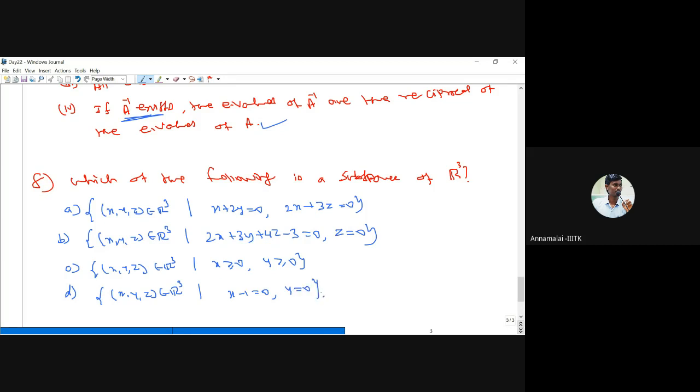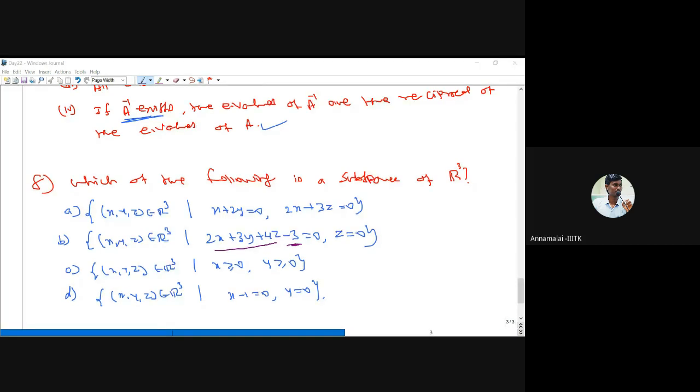Now clearly, a subspace must contain the zero element, (0, 0, 0). Look at the second set: (0, 0, 0) does not satisfy the condition, because substituting 0 gives minus 3 equal to 0, which is not possible.